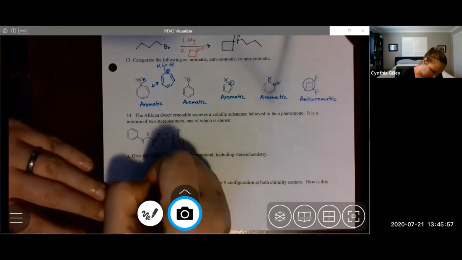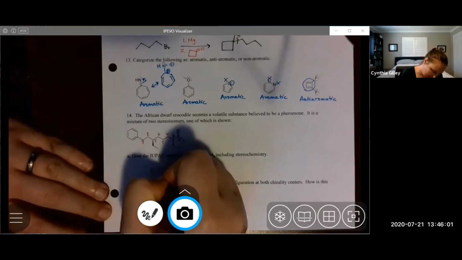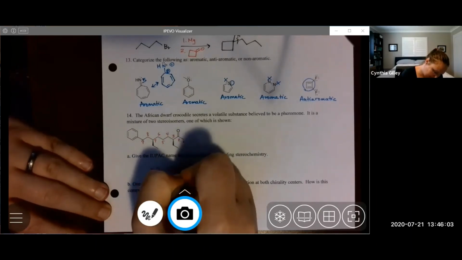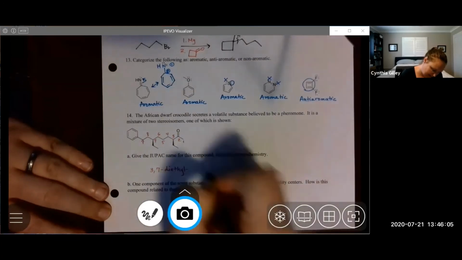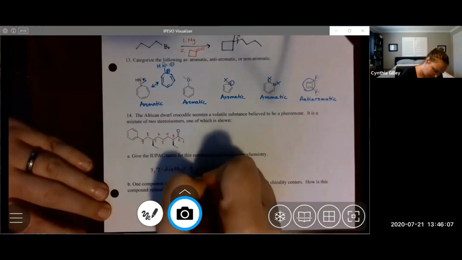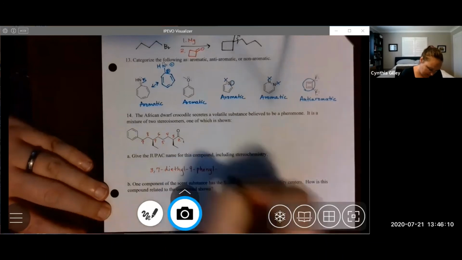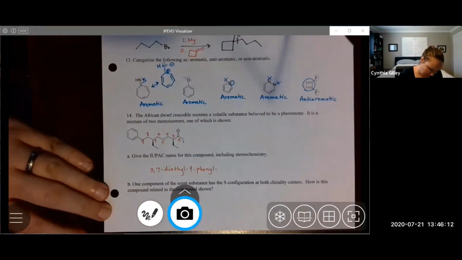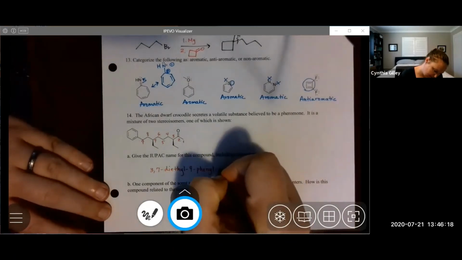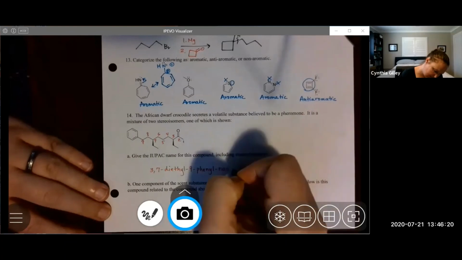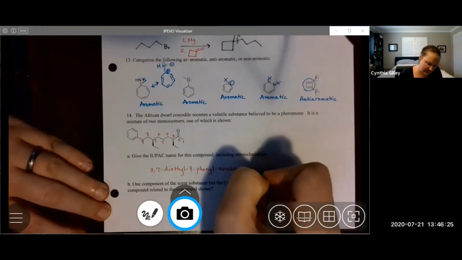So we will do 3,7-diethyl and 9-phenyl. Okay, and then, so let's see, non-, 2-one, because it's named as a ketone.